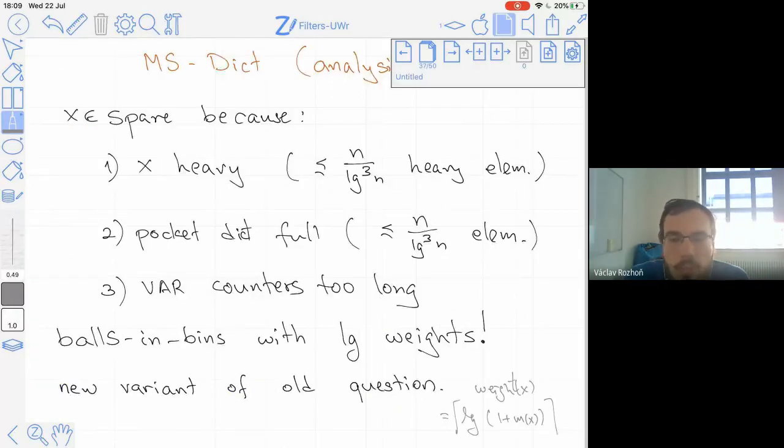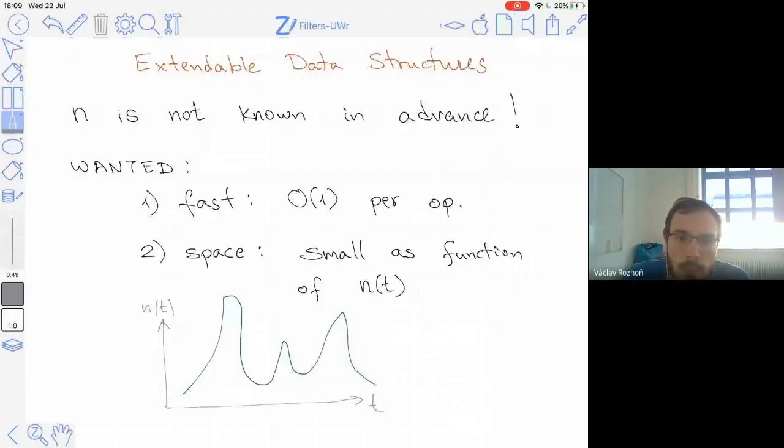So let me switch gears. If you lost me, this is a good time to recap. There's a whole issue which is called extendable data structures. And this issue relates to the situation in which n, the number of elements that you are maintaining in a dictionary or whatnot, you don't know in advance.